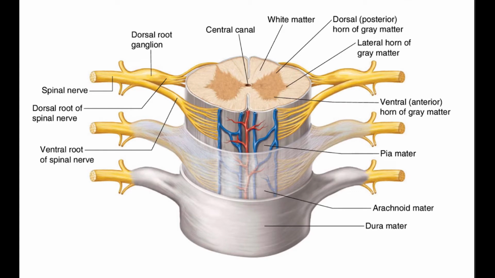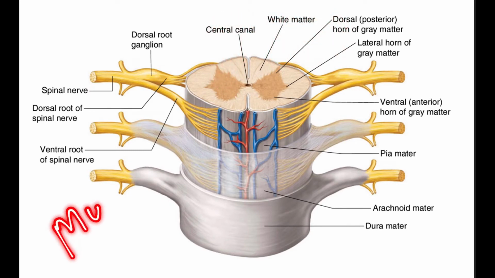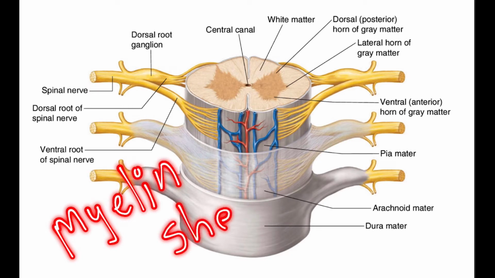Now in dorsal column you have only the ascending tract. That means there are millions of neurons, but only the ascending tract. So you have more myelination, that is, more myelin sheath covering the axons.